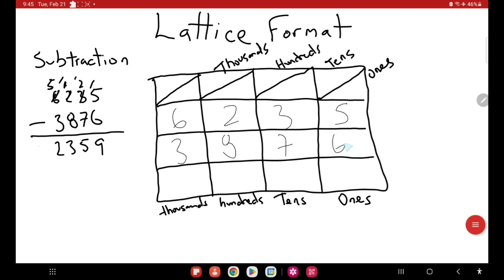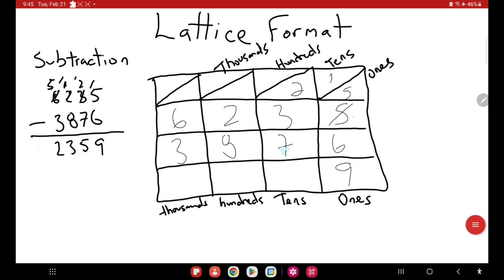Okay, so we cannot subtract 6 from 5, so we're going to have to borrow from the tens over here. We now make this 3 tens, 2 tens, and lend a 10 over here to the 15. Lending a 10 to the 5, making it 15, we can now subtract. And that is 9.